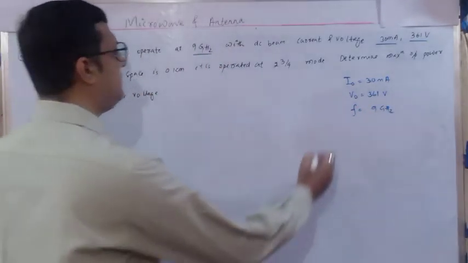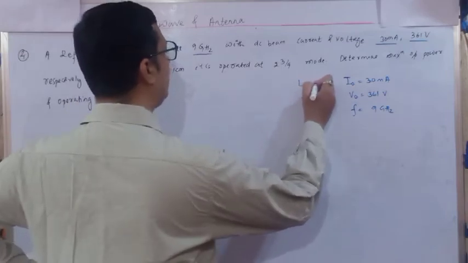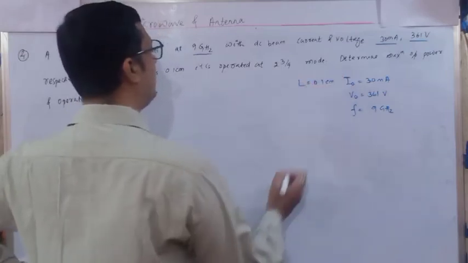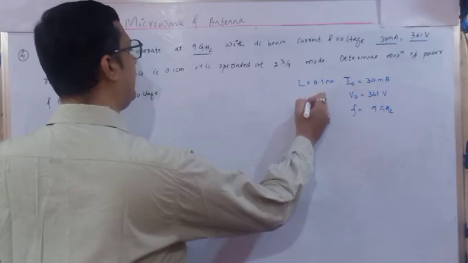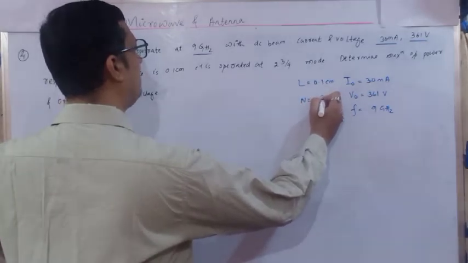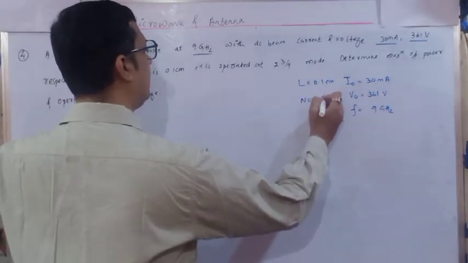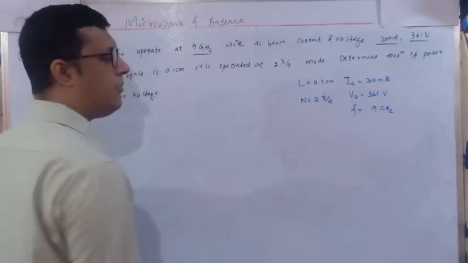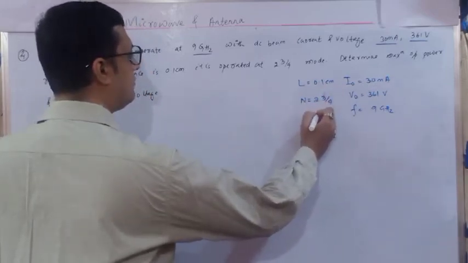And the repeller space is also given. L is equal to 0.1 centimeter and capital N is equal to 2 3/4, meaning the small n value is 2.